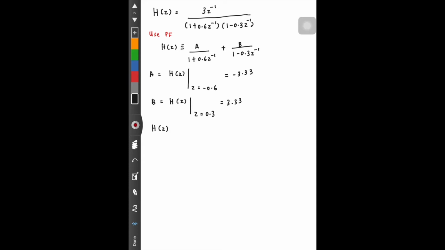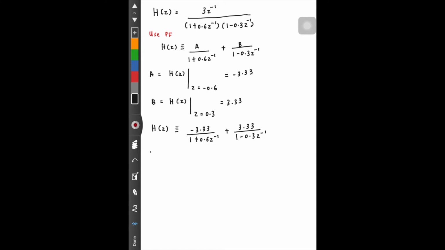So your new Hz after partial fraction is negative 3.33 over 1 plus 0.6 z to the minus 1, plus 3.33 over 1 minus 0.3 z to the minus 1.